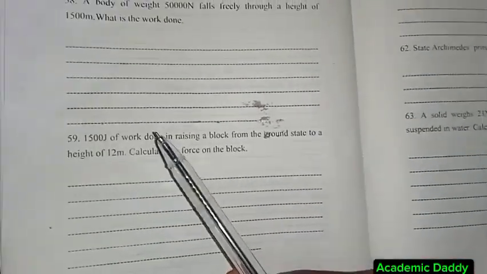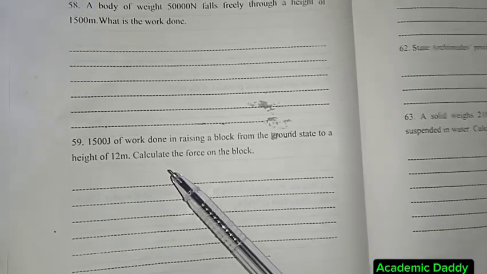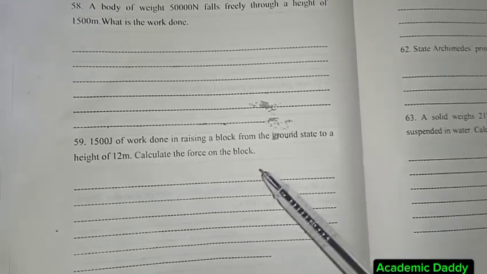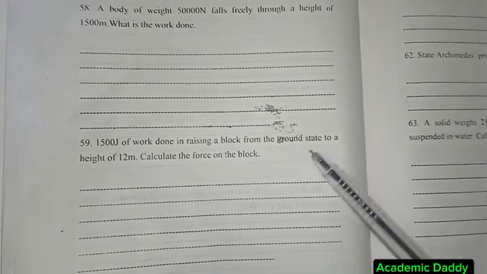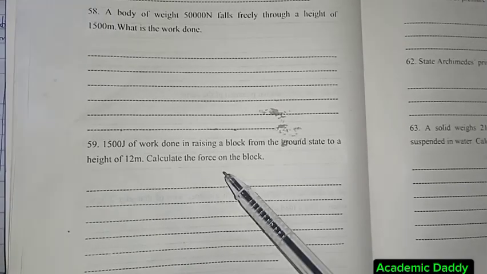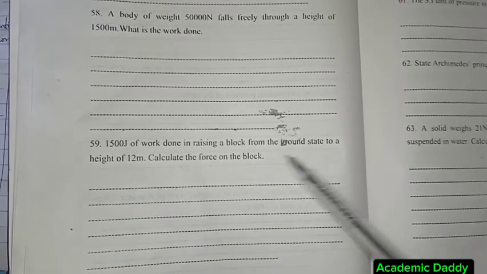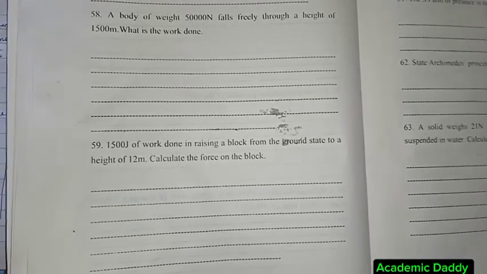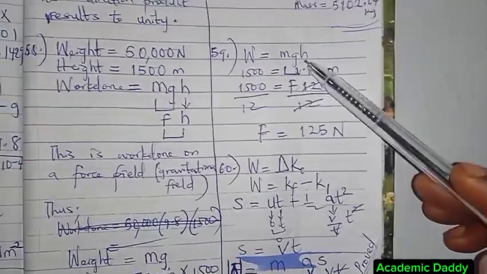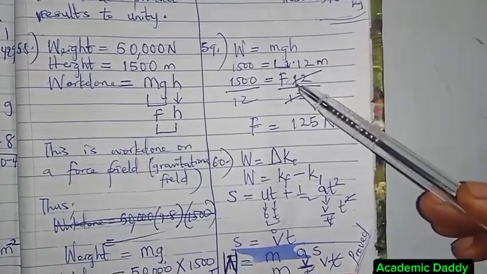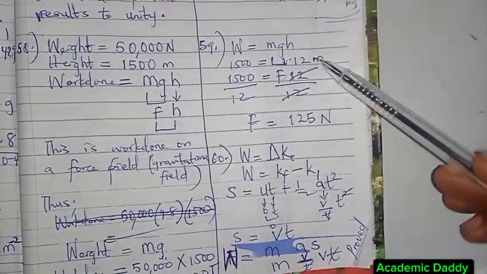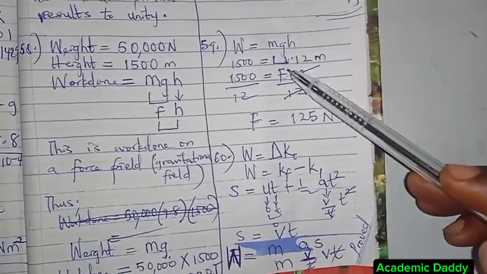So for 59, they said 1,500 joules of work is done in raising a block from the ground to a height of 12 meters. Calculate the force on the block. So this is how we solved it here. I said W equals mgh, and mg alone is equal to force, times the h. So mg put together is the force.